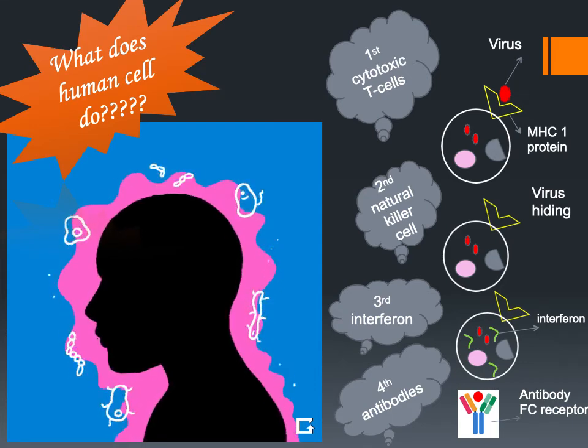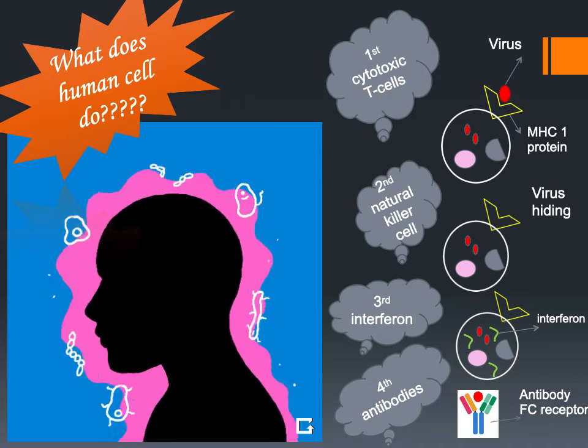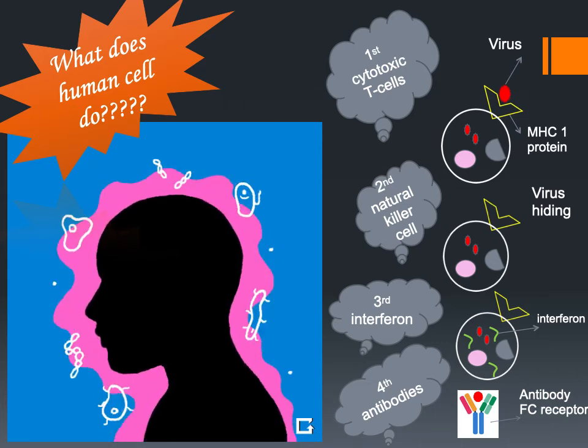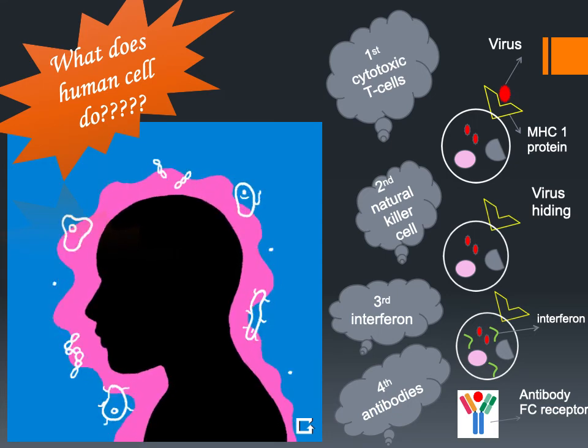Once the interferons are reduced, the next main player comes: antibodies. Antibodies come over there and try to attach all the viruses together, form an agglutination process, and try to kill the virus.